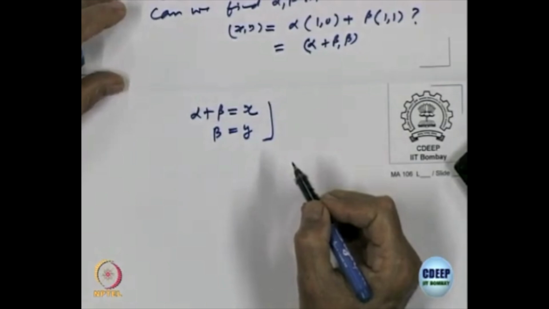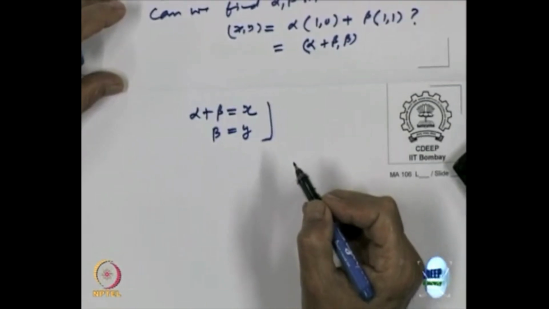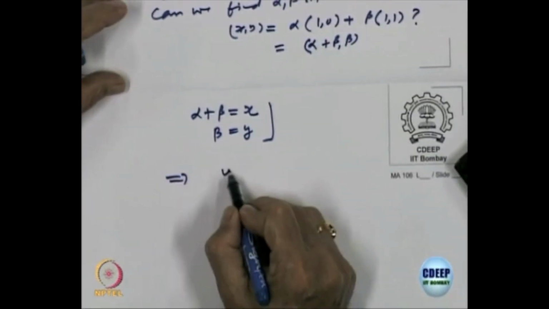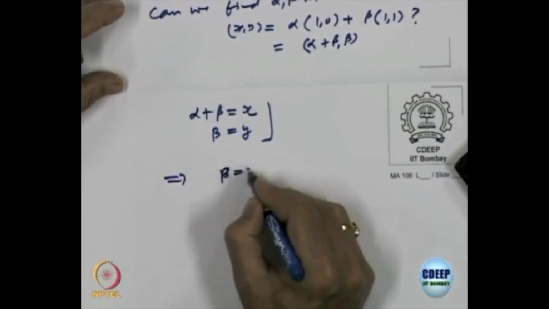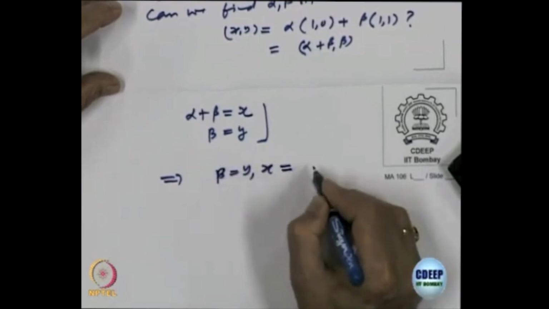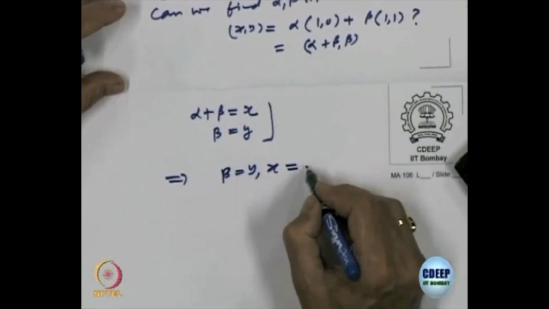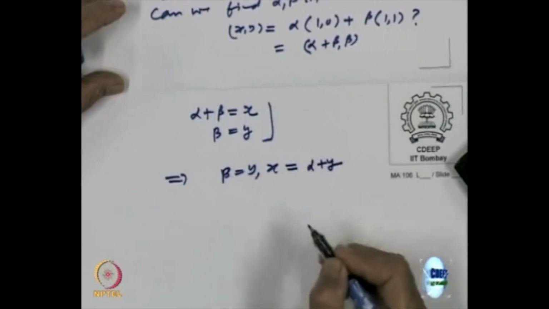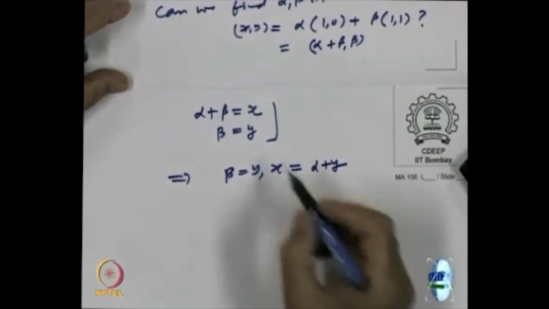What is given to you? x and y are given, that is the vector given to me. I want to find alpha and beta. So beta is equal to y. Then x is equal to alpha plus y, putting back into the equation.